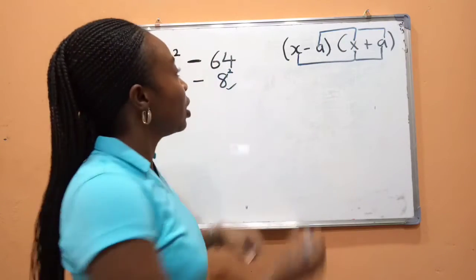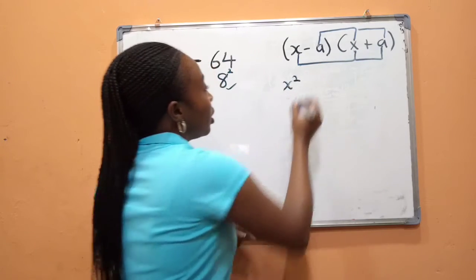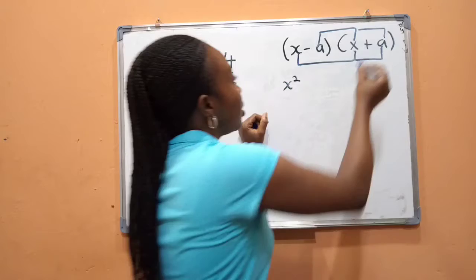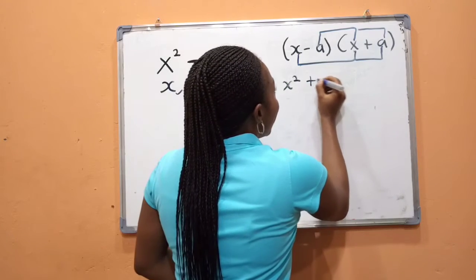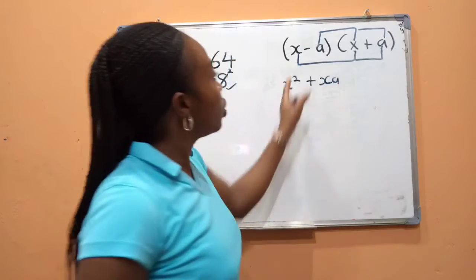Let's start with the x. When we say x times x, we have x squared. Then x times a, we have plus xa.